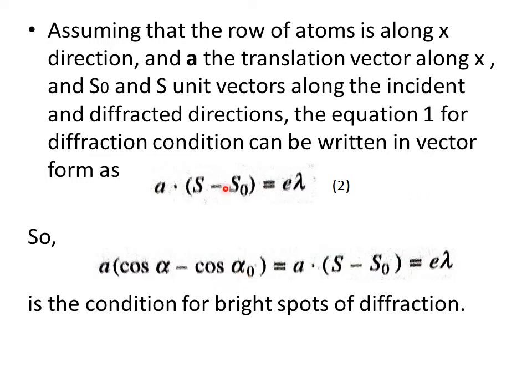So these two equations, A dot (S minus S0) and A (cos alpha minus cos alpha 0), are equivalent. That is why we are writing it like this, and it is the path difference. When it is equal to an integral multiple of lambda, we get the condition to obtain a bright diffraction pattern.